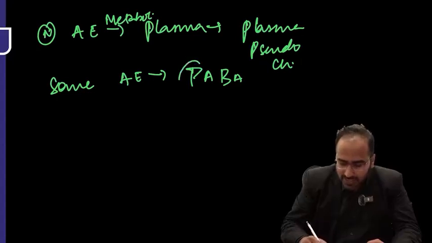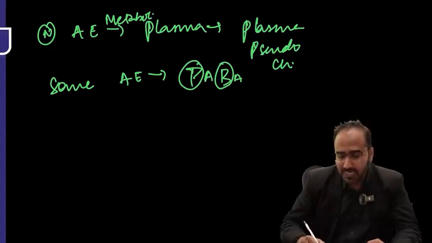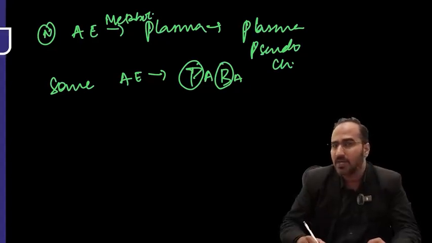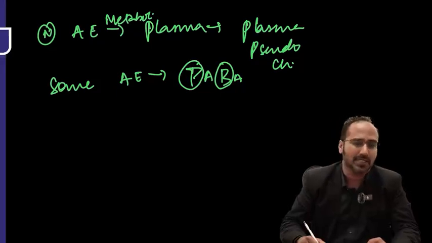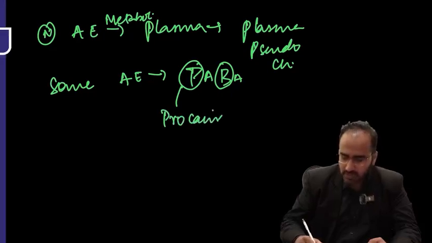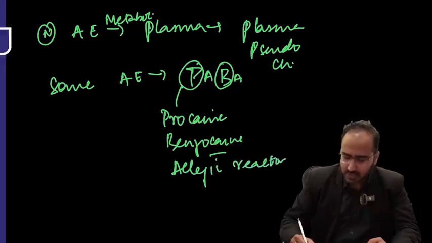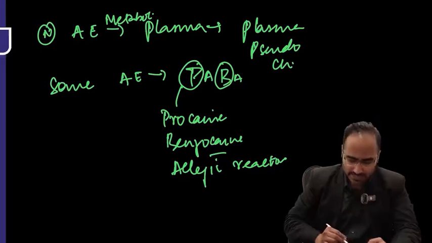The amino esters that can cause allergic reaction are P and B, the amino esters starting with the alphabet P and B. You have to remember PABA and you can remember the amino esters causing allergic reaction. P stands for procaine. B stands for benzocaine. They can cause allergic reaction. So that was regarding amino esters.